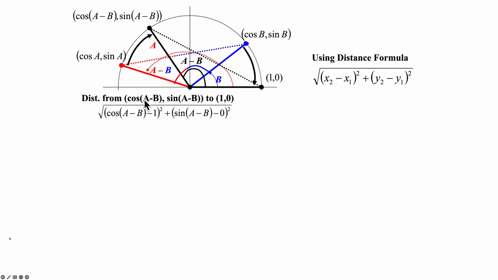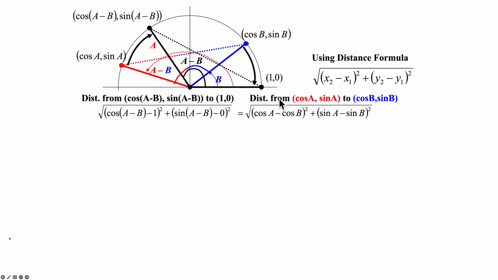From cosine of A minus B, sine of A minus B to 1, 0, you subtract the x-coordinates and square it, subtract the y-coordinates and square it. So I chose cosine of A minus B minus 1, sine of A minus B minus 0. It doesn't matter which order you subtract them in.